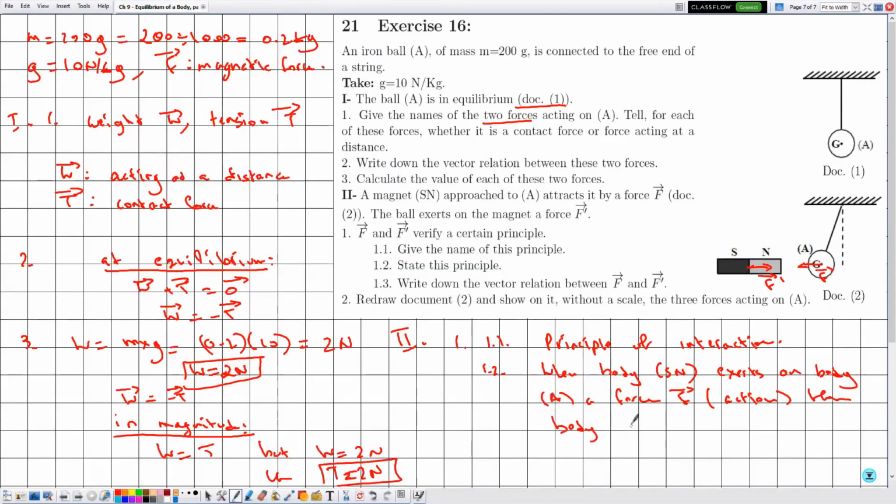Then body A exerts a force on body Sn, which is said to be the force F prime, and this is the reaction. Okay, so this is the statement of the principle of interaction.